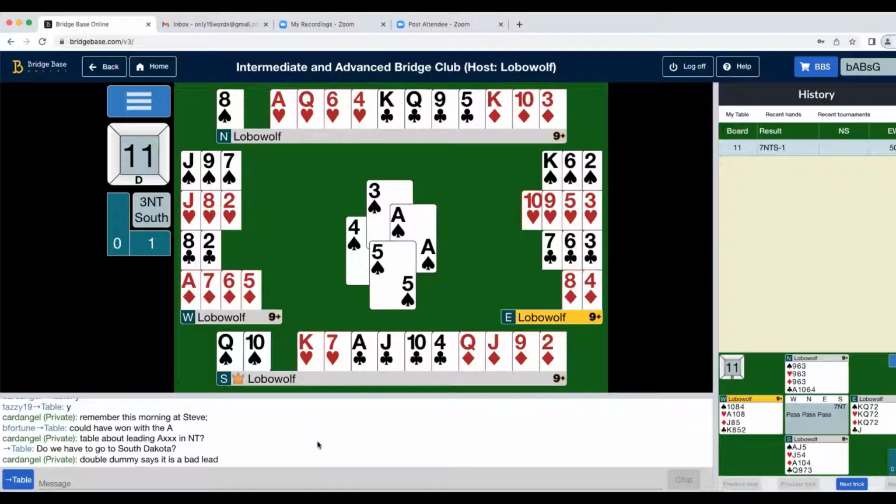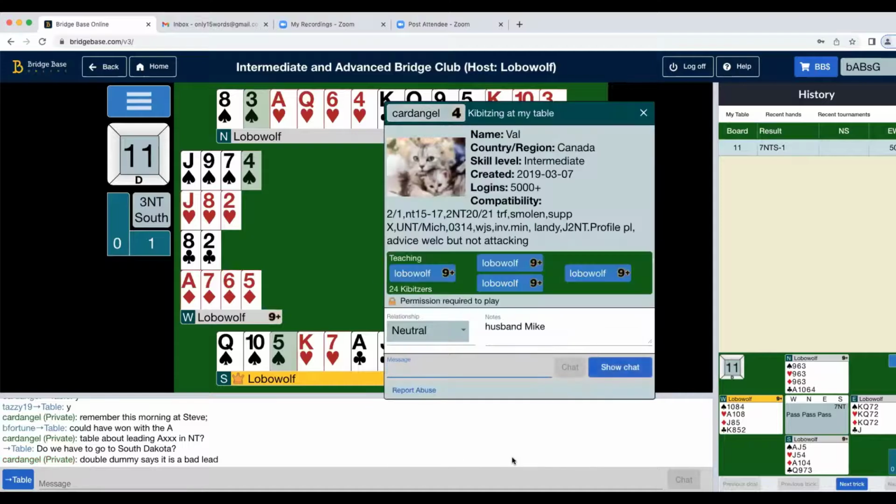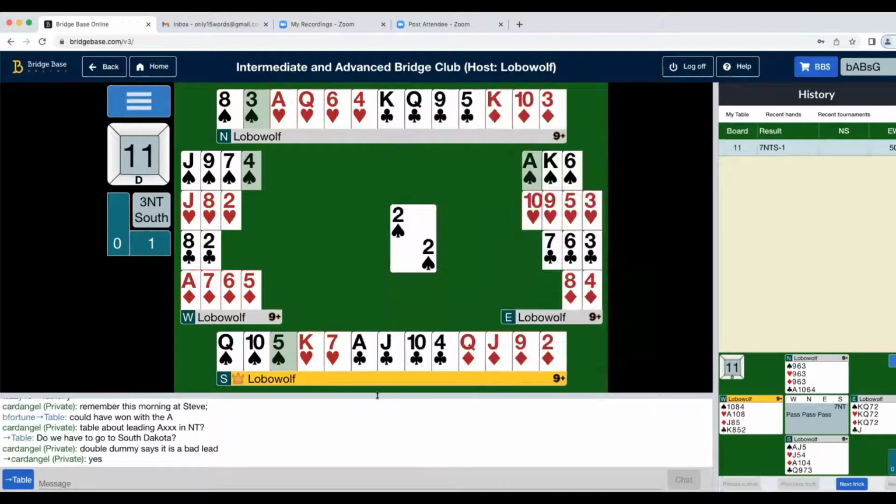If we really want to help Declarer get it wrong, we're going to win the ace. Then when we play small, especially those of you who look nice and innocent and friendly, Declarer is going to say, well, gee, with the ace and the king, East would have won the king, because everybody knows you win with the lowest of touching honors. Therefore, East doesn't have the king, West does.